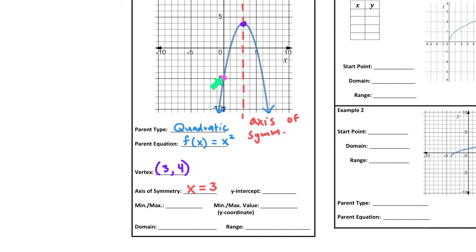I know it's at -5, but that's the y value. But what is the coordinate? What's the location of that point? It's at (0, -5). Okay. Minimum and maximum location. Again, the minimum or maximum location is the same location as the vertex. So it's at (3, 4).